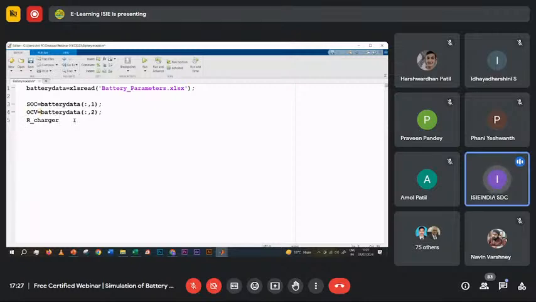So I am taking out each and every Excel column separately into the MATLAB workspace, because I will be using each and every column in the MATLAB simulator.